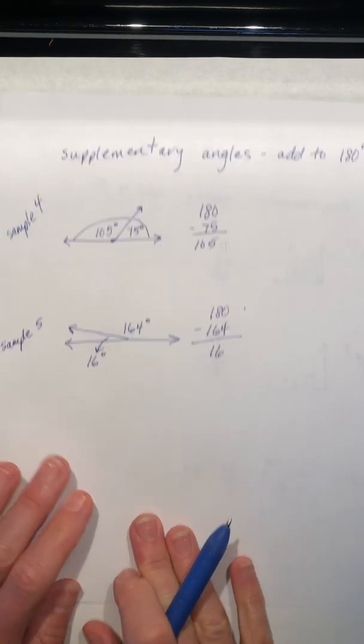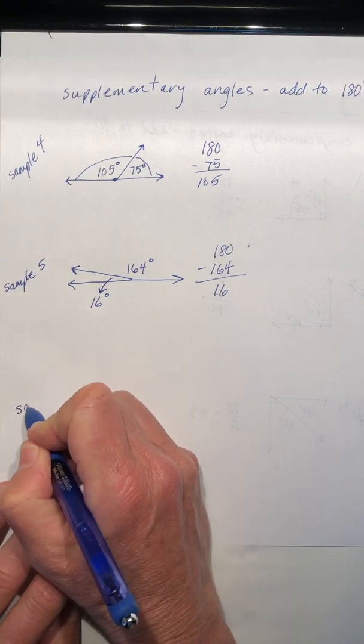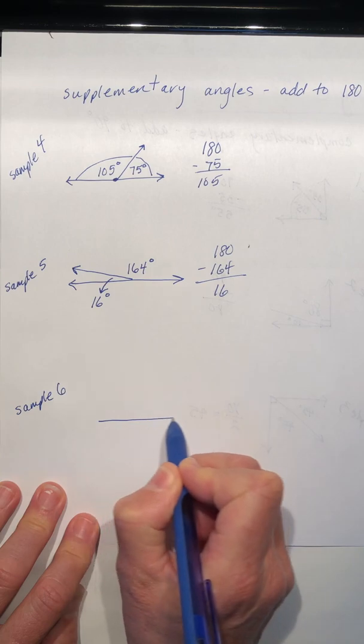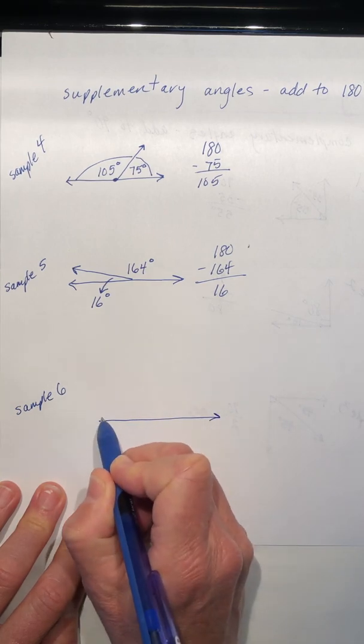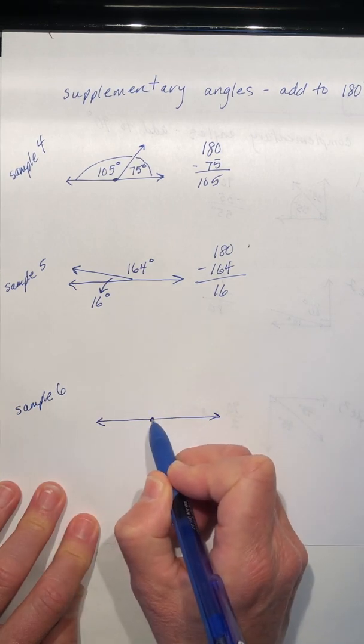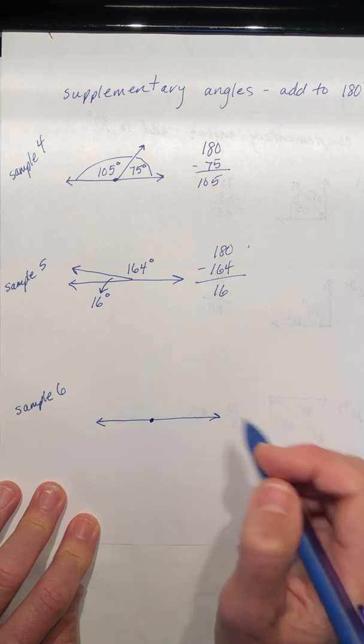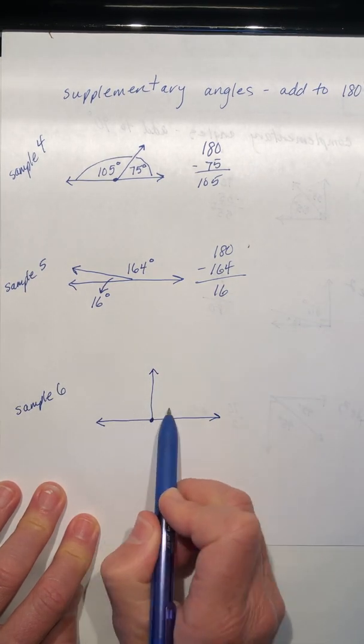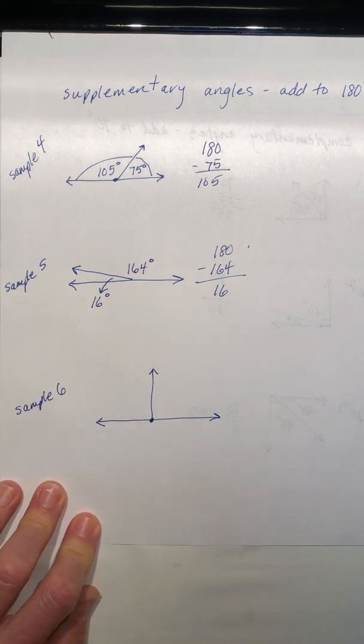Let's do one more. So this will be sample number 6. So is it possible that two supplementary angles could have the same value? Those look like they're pretty equal. What would be the value of each angle if those angles are congruent, if they have the same measure?